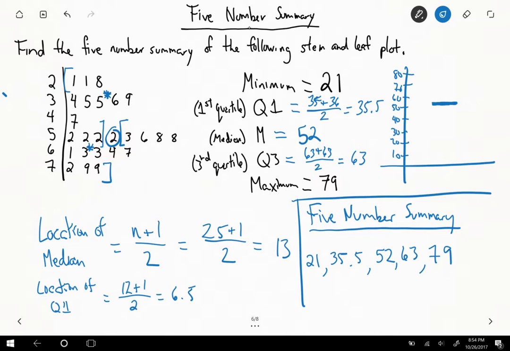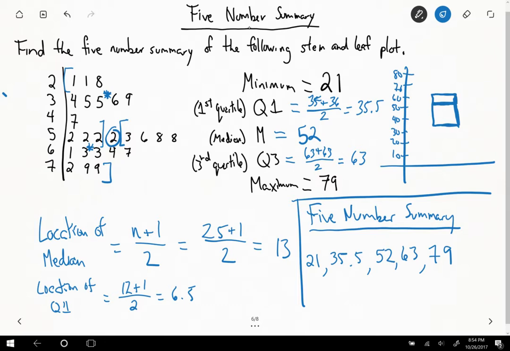35.5 is the quartile 1, and 63 is the quartile 3, the third quartile. So 35.5 will go down to here, about 35.5, and then 63 maybe right there. And you make a box.